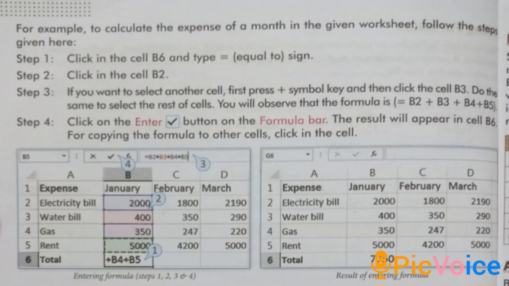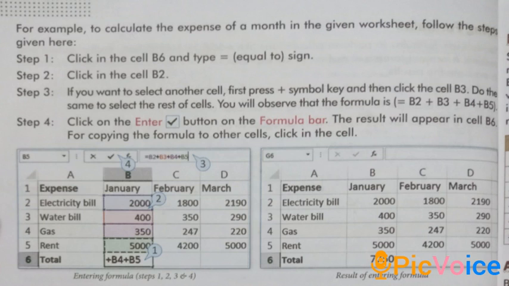The second step is to type the formula in the formula bar as equal to B2 plus C2 plus D2 plus E2 plus F2.